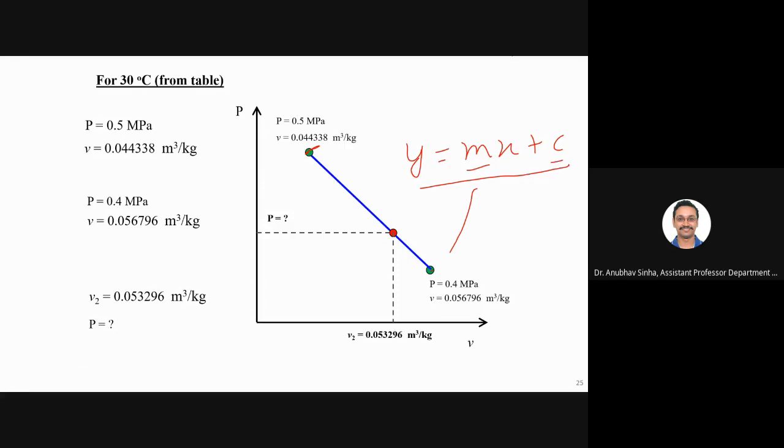Now, if I substitute this value of x, can I find out this y for a given x using this equation? Yes or no? Yes, sir. Okay, so this is how you need to interpret. If you do that, this is the pressure that you will get. You can try this example and see whether you are getting the same value or not.